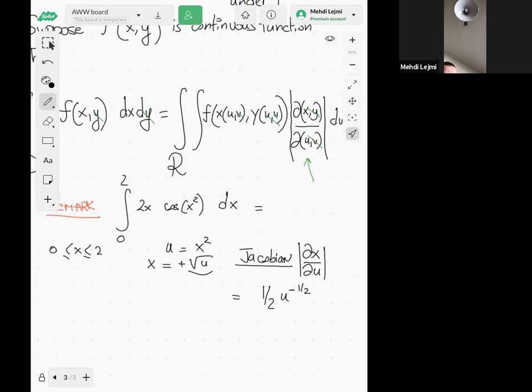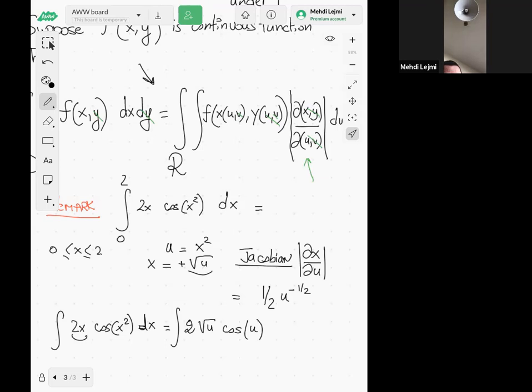So now, if you apply this formula with the Jacobian for a single variable, you have this function 2x cosine of x squared dx, of course. Now x is the square root of u, right? So 2x would be 2 square root of u, cosine of, I'm going to express everything in terms of u, cosine of x squared, which is equal to u.